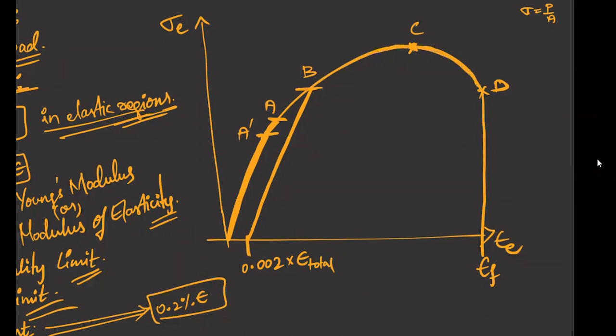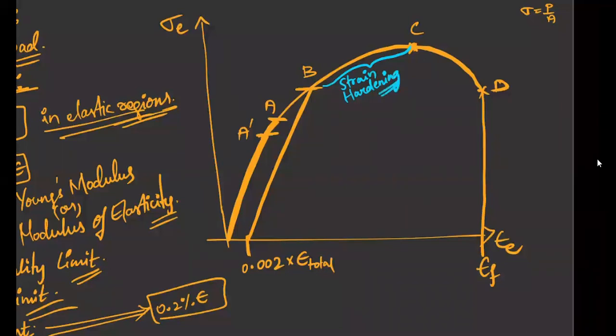Why is this happening? Why is my curve going up and again coming down? You have two different phenomena to explain that. Until my UTS, there will be something known as strain hardening taking place. What is strain hardening?